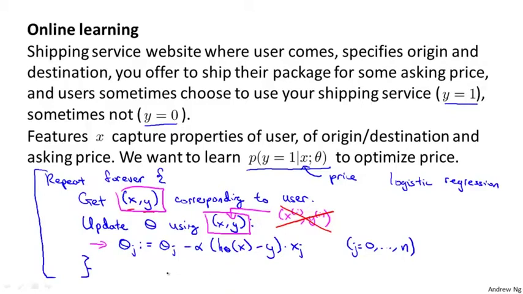I should mention also that one interesting effect of this sort of online learning algorithm is that it can adapt to changing user preferences. In particular, if over time, because of changes in the economy, users become more price sensitive and less willing to pay high prices, or become less price sensitive and willing to pay higher prices, or if different things become more important to users, or if you start to have new types of users coming to your website, this sort of online learning algorithm can adapt and keep track of what your changing population of users may be willing to pay for.